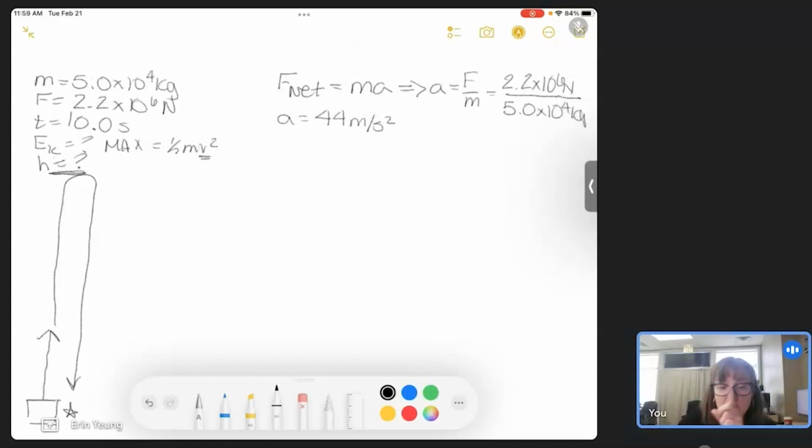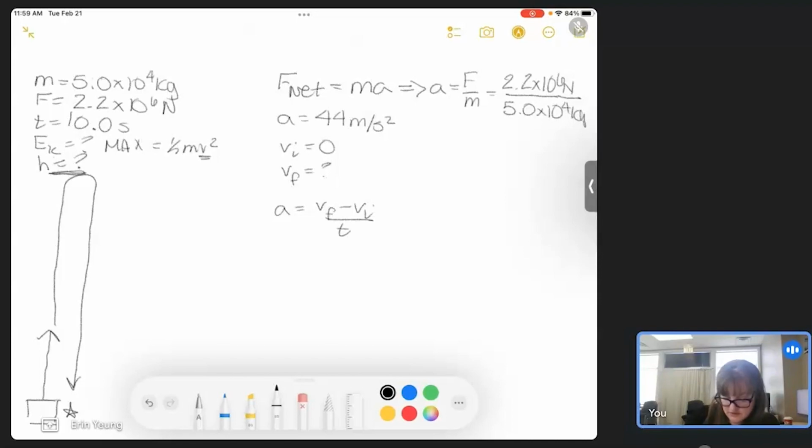So now we know that the rocket ship wasn't moving before this force was applied. So our VI is equal to 0, and what we're looking for is our VF. The VF, we're going to be able to find using one of our kinematics formulas. Hopefully you remember our kinematics formula, where A is equal to VF minus VI over T. And we're going to solve that for VF.